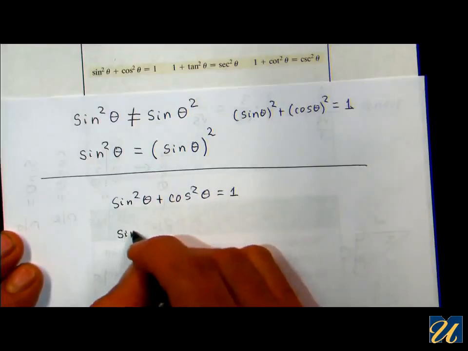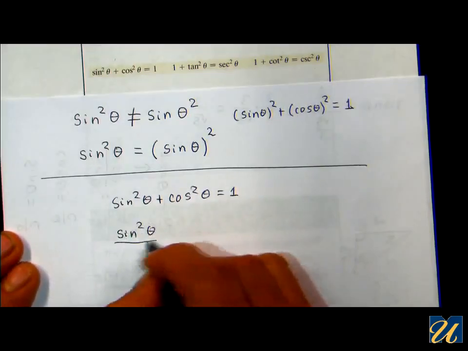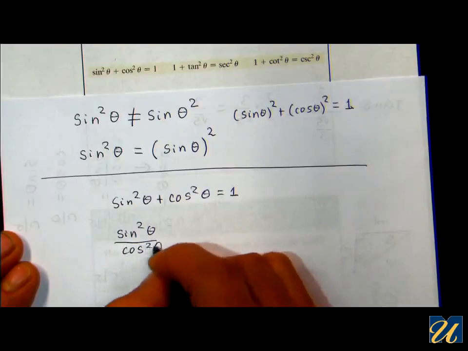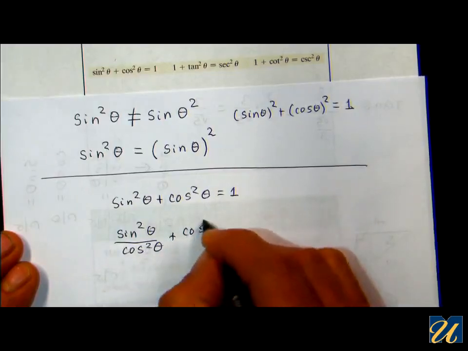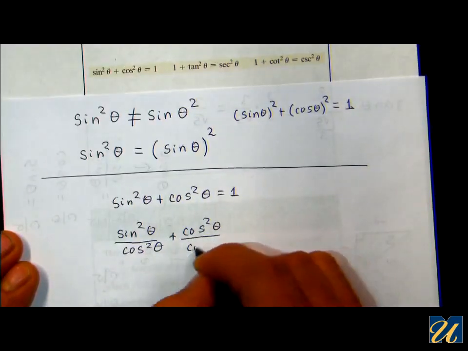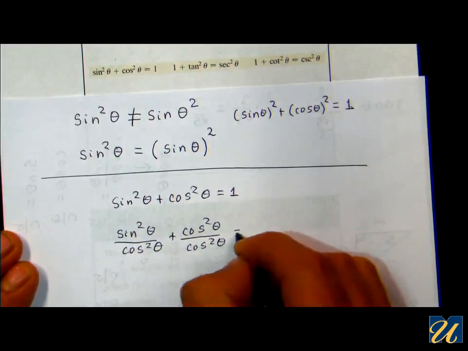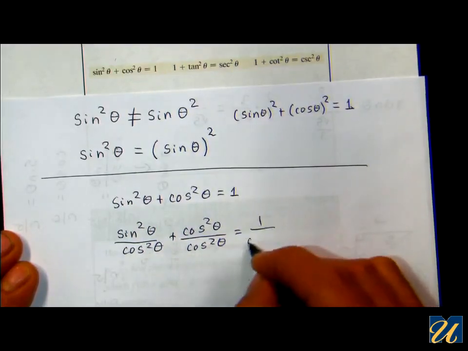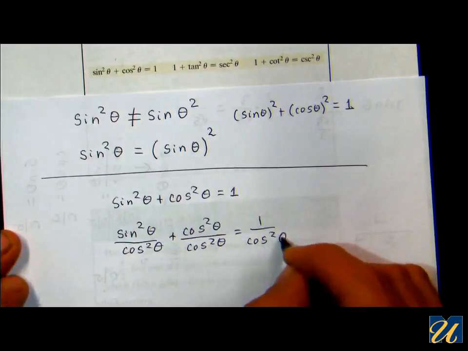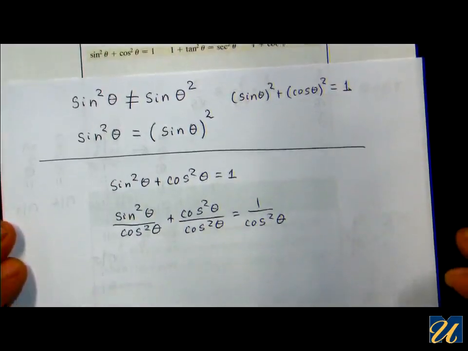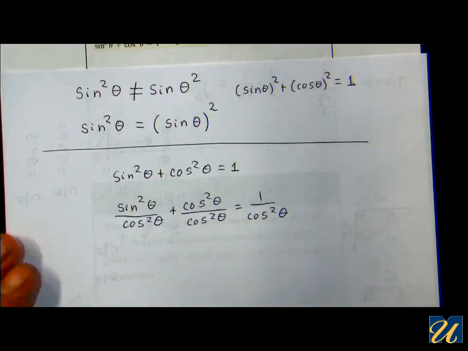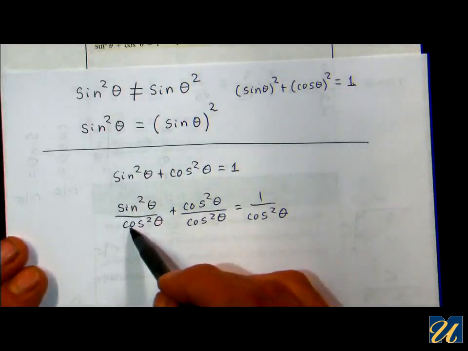So we'll take this expression. Each term will divide by cosine square, and this one, and this one. Since we did the same thing to all three terms, that's a valid math move. Now the sine divided by the cosine is the tangent.